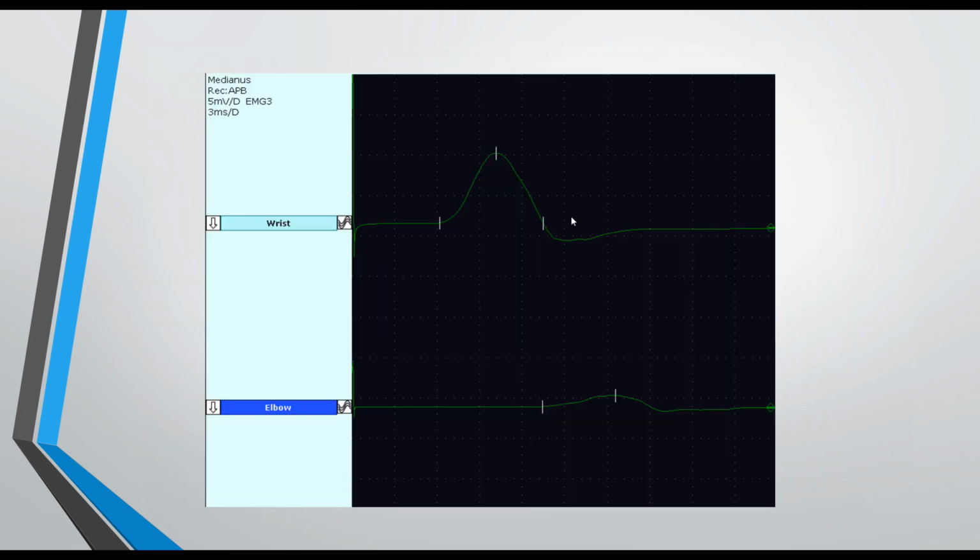You can see in this example, this is someone's wrist, so conduction there is working okay, but over here in the elbow segment there's conduction block, because there's a significant reduction in the ability for the nerves in the forearm to send the signal along. So that's where the demyelination is occurring, and it's quite significant.